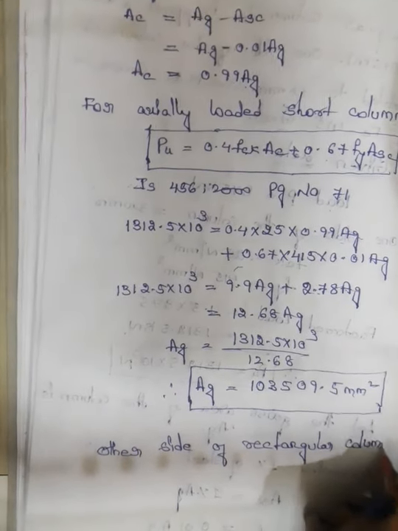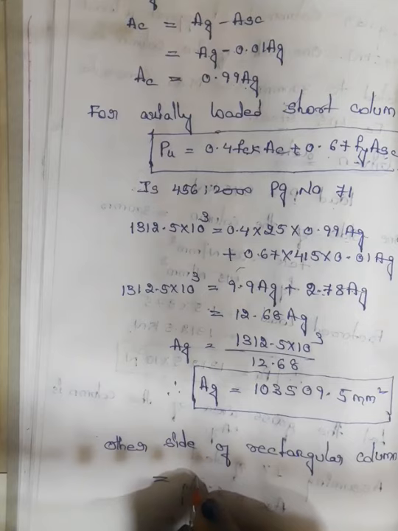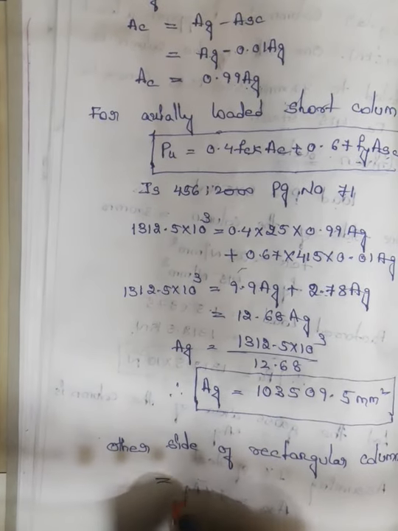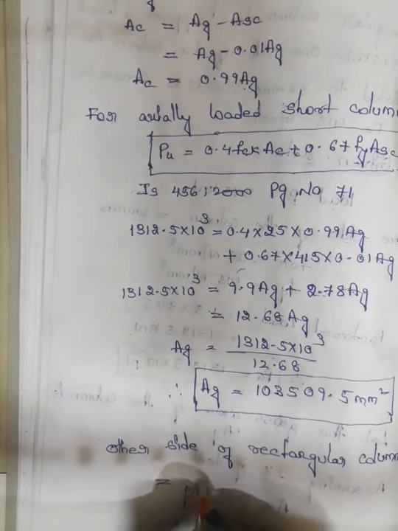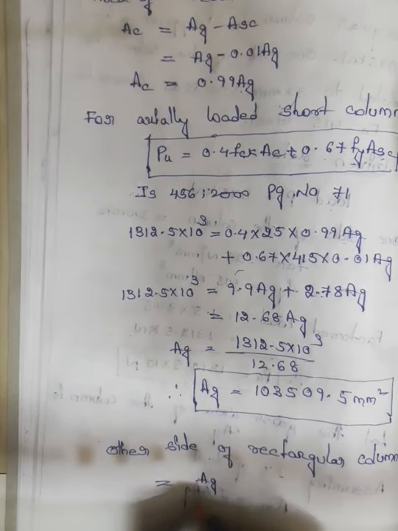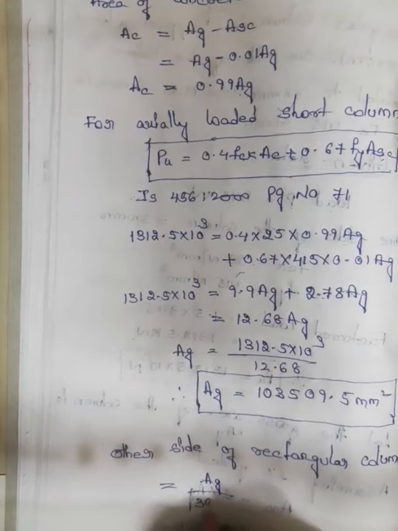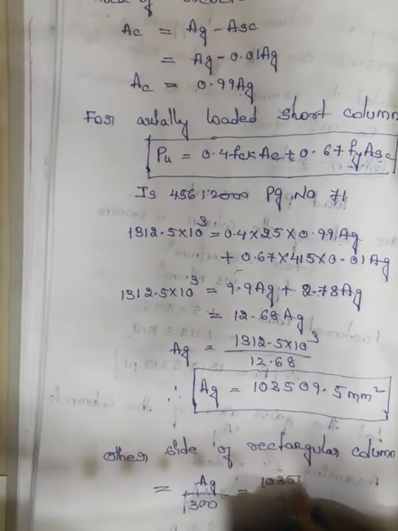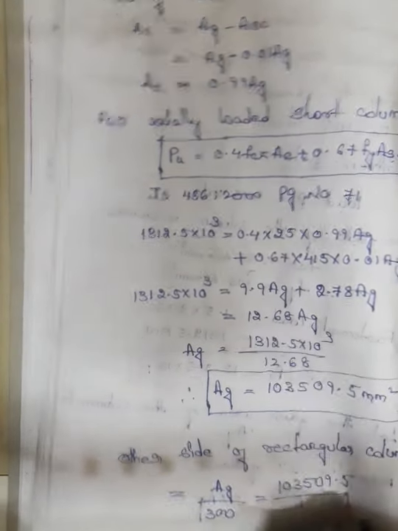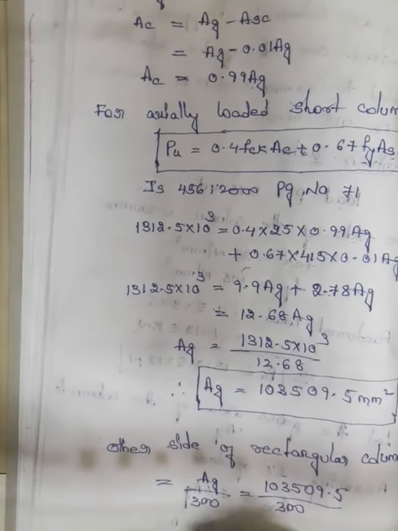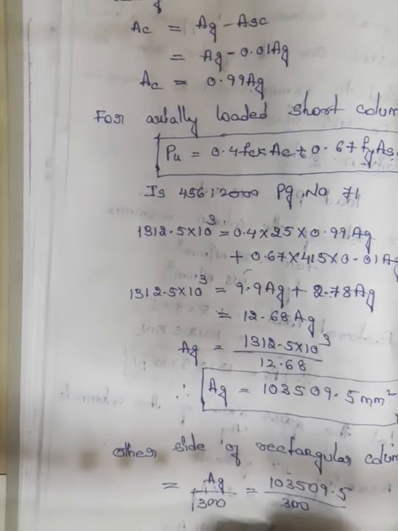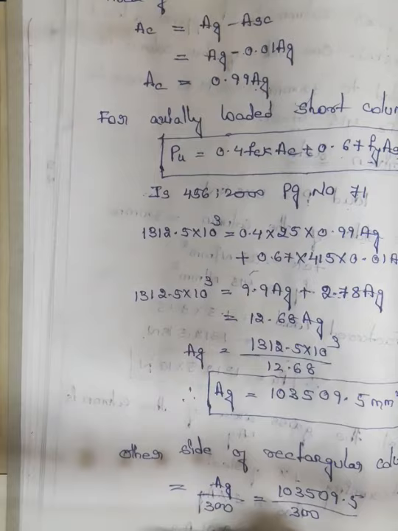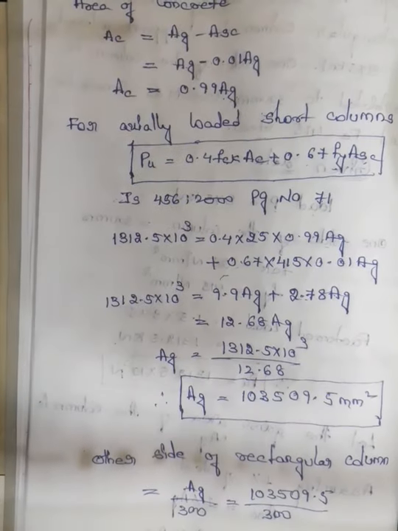Area is equal to B into D. Here we know one value, we don't know the other value. So the other side is equal to AG by the one side, that is 300. AG is 103509.5 by 300. So what is the value? It is 345 mm.